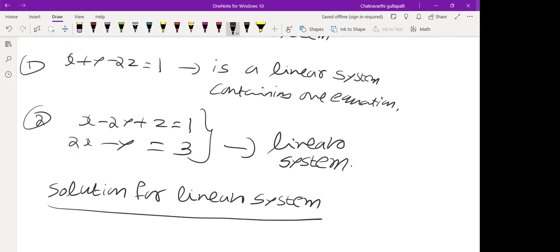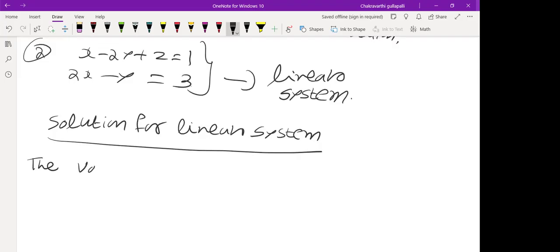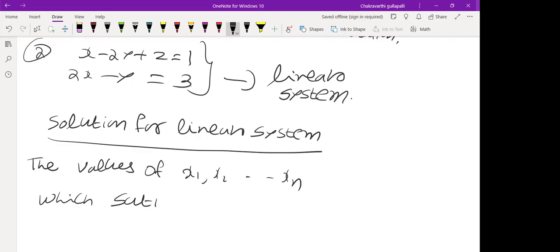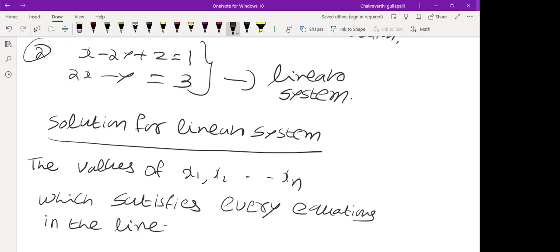So what is meant by solution is, for the linear system, the values of unknowns x1, x2, xn which satisfy the linear system, that is every equation in the linear system, is called the solution.